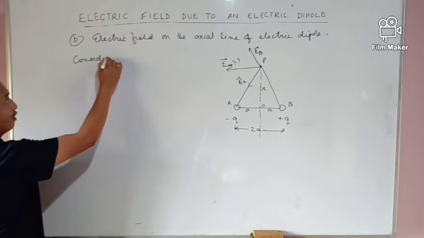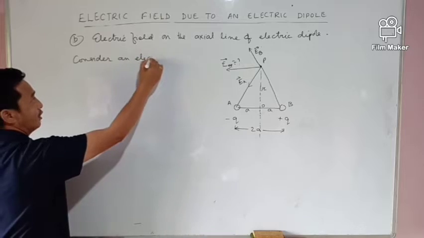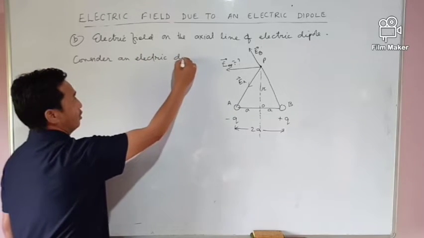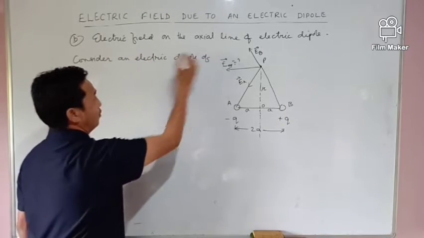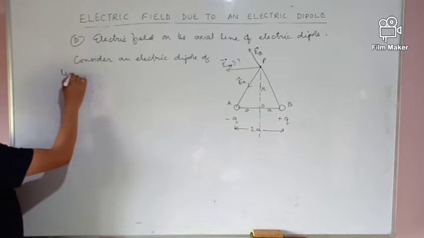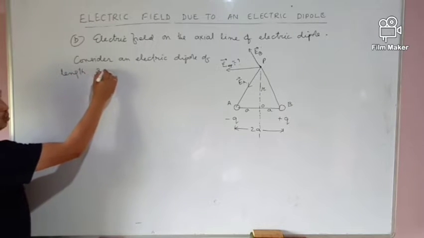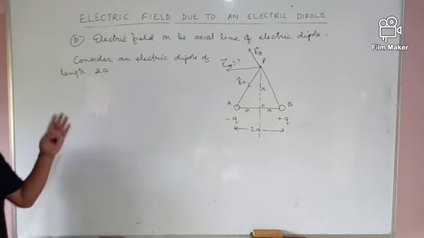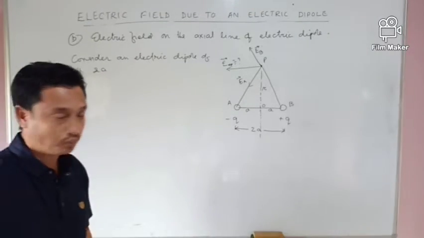Consider an electric dipole of length 2a.